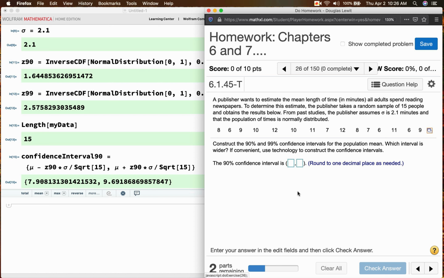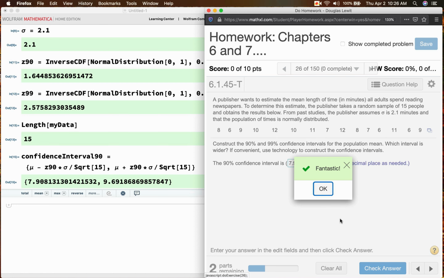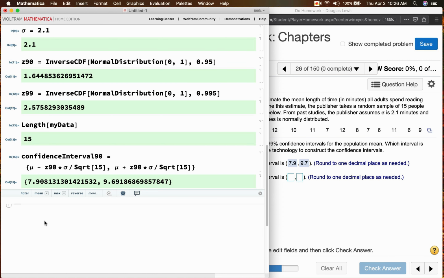The 90% confidence interval is 7.9 to 9.7. Okay, Pearson accepts my answer, and now the 99% confidence interval.